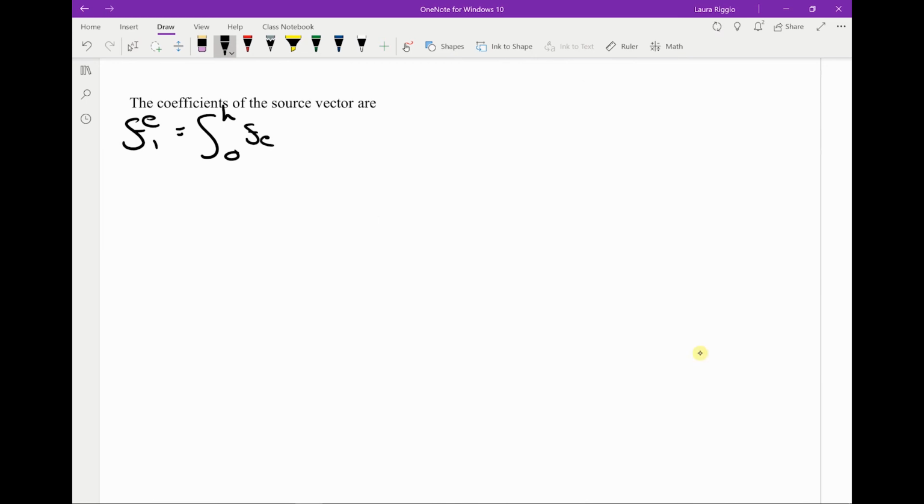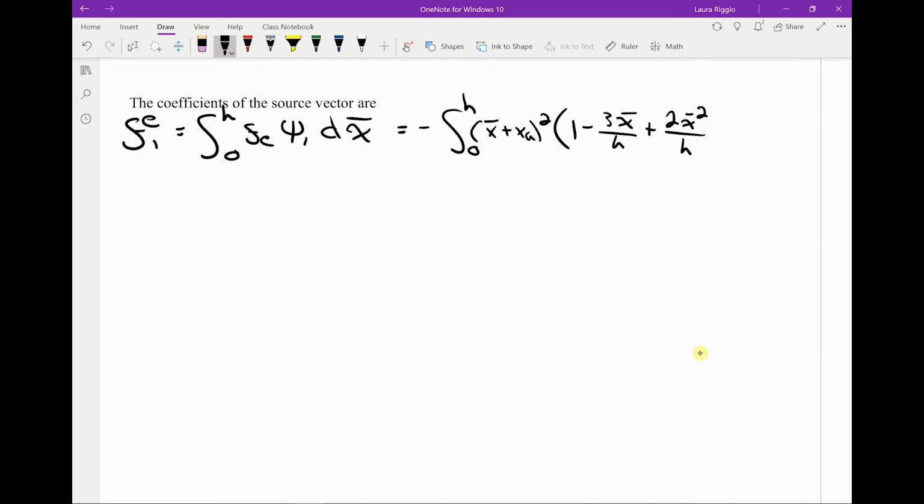It's going to be FE psi 1 dx bar, which is minus the integral from 0 to h of x bar plus xa squared, 1 minus 3 x bar over h plus 2 x bar squared over h squared dx bar, which equals minus h over 60.